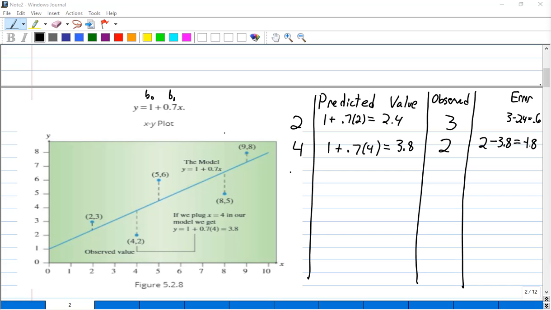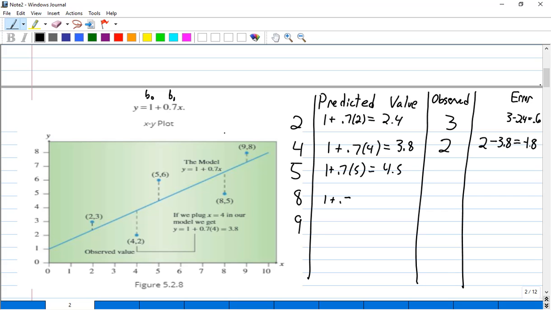So what are the other x values? We got 5, 8, and 9. So 1 plus 0.7 times 5, take my word for it, that's going to be 4.5.